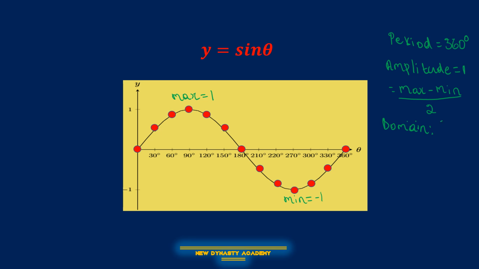So your domain is going to be 0 degrees to 360 degrees. That is your domain of the graph. You can also write it like we use theta there, so you're going to say theta less than or equal to 360 and greater than or equal to 0 degrees, I'm saying equal to because those values are also included.